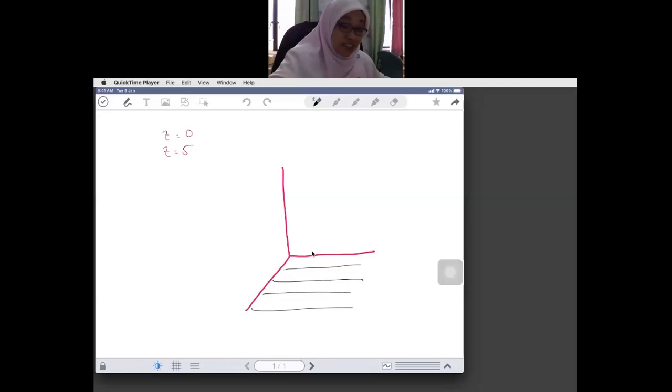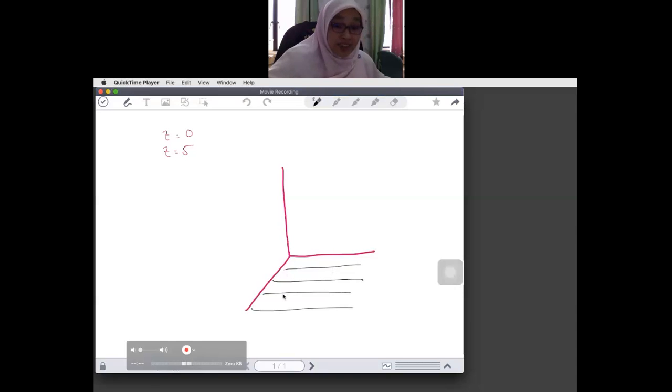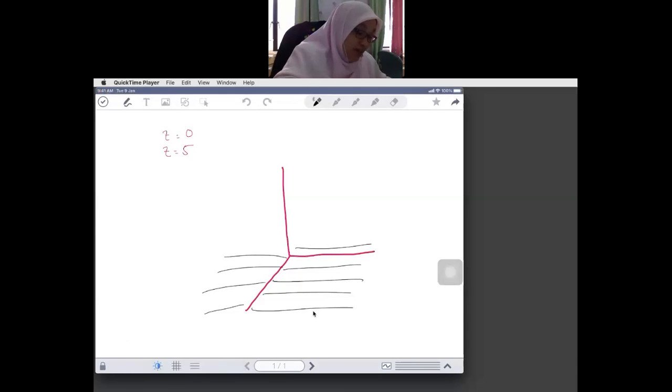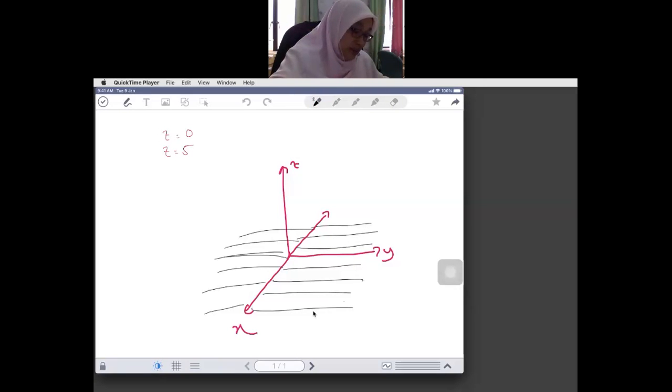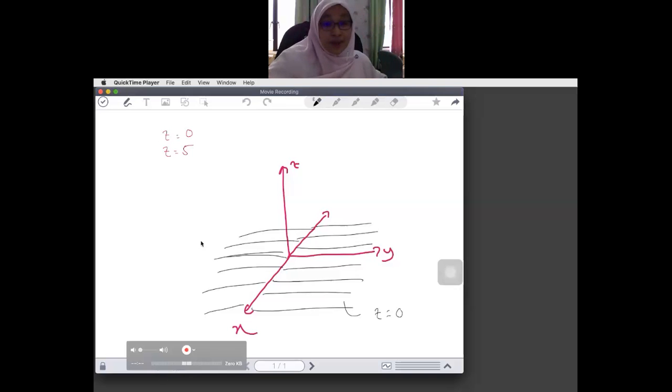And actually, the size of your plane is not only limited by this area. You can extend down here, and you can extend behind there. So this one is x negative. This is x, this is y, and this is z, meaning that you can extend your plane. So this one is for z equal to 0, your floor. How about z equal to 5?